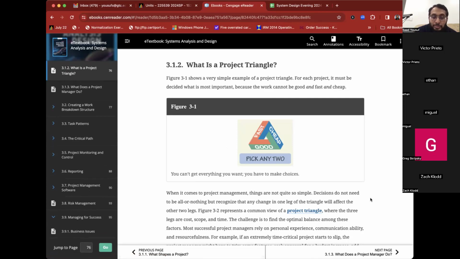When it comes to project management, things are not quite simple because this triangle is affected by several different factors. For example, you promise that you'll be able to deliver this project in 3 minutes because you know your team. What will happen if your team dynamics change? Somebody is needed in another project, so you move that person to another project.